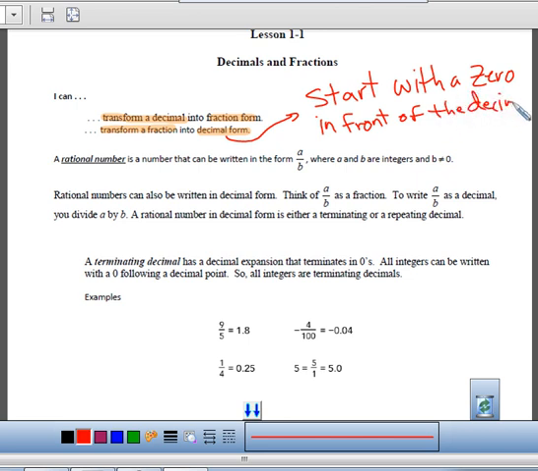So, when we have a fraction like 1/2 and we convert it to a decimal, a lot of you will just say .5. I want you to get in the habit of knowing it's 0.5.